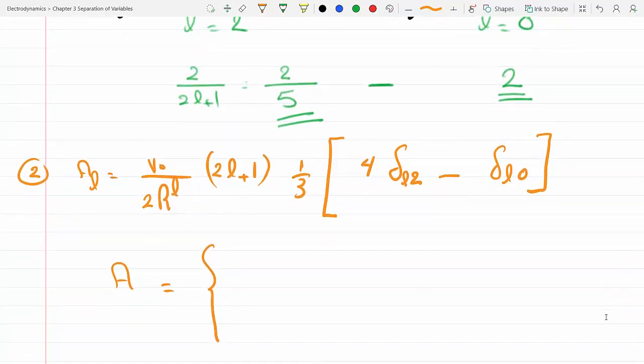So we get V0. Now L equals 2 here, on the first one, so the second one will go away. And let's do the 0 first, probably easier.